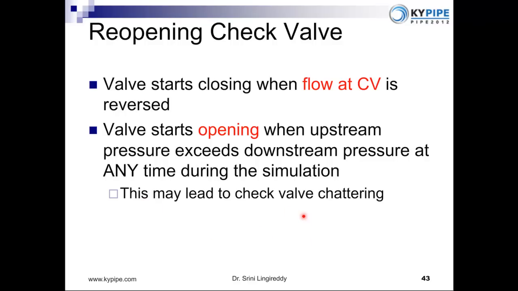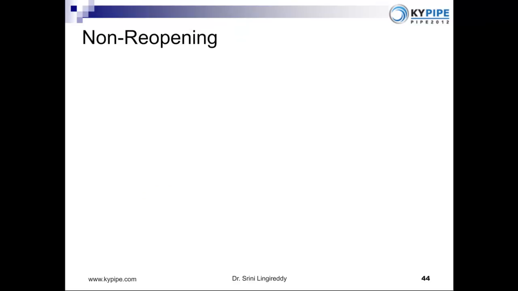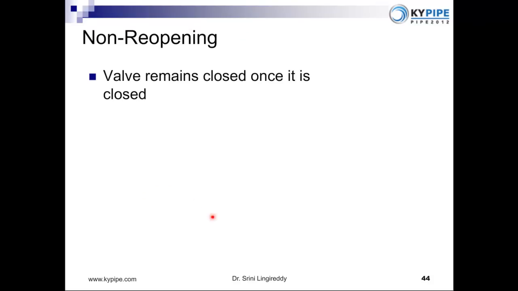The valve starts opening and then closes, opens and closes. So this will lead to a lot of check valve chattering when you have just a simple reopening check valve. And check valves in reality may have a lot more mass, a lot more inertia. They don't just chatter the way the model shows. And that's where the difference between the reopening and the non-reopening check valve is.